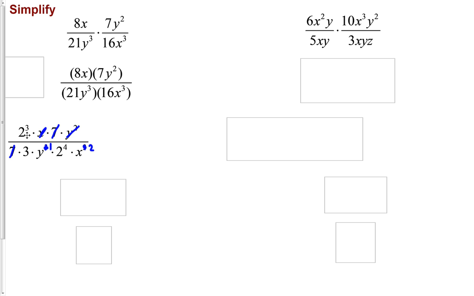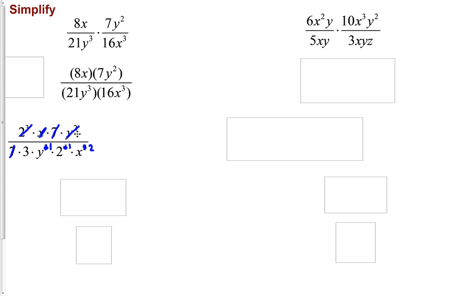I have 2 to the third power and 2 to the fourth power, so I will say that the fourth power is 1 larger than the third power. 4 minus 3 is 1, so I'll change that exponent to 1, and I'll get rid of that 2 to the third in my numerator here. And what I'm left with is 3 times y times 2 times x in my denominator, or times x squared, sorry.